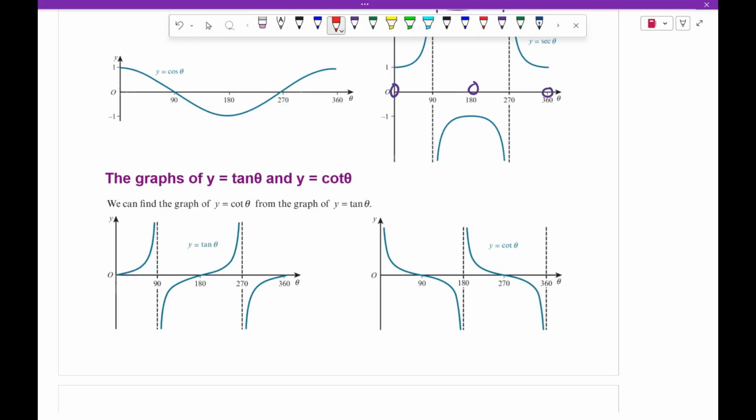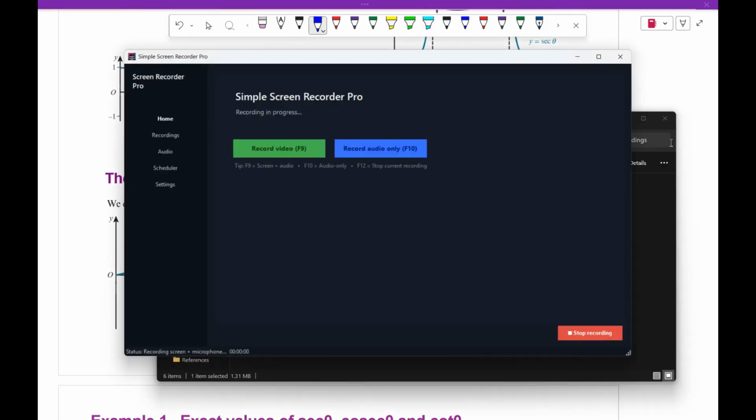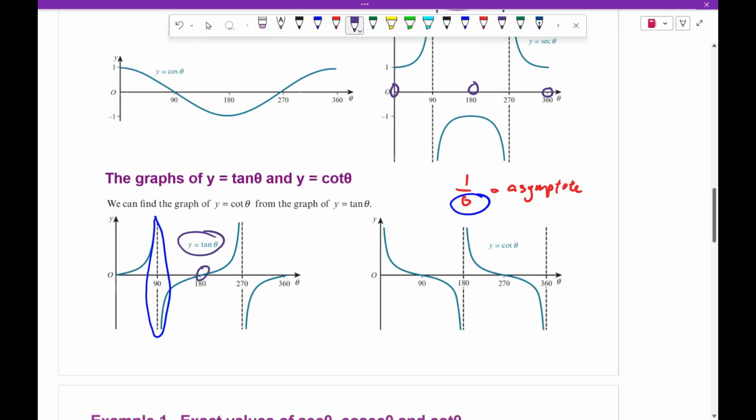Okay, 我们已经知道了1 over 0会等于我们的 asymptote, 对不对？ So that results into that 如果我们的 tangent 这里 it forms an asymptote, that means cot 一定会等于0。Okay, so the remaining part, obviously, 如果它是有 0, 这是 y 等于 tangent 的时候，它是等于 0, 那 it will form a reciprocal like this ones.